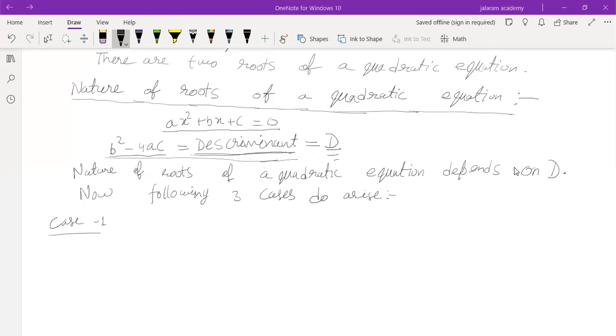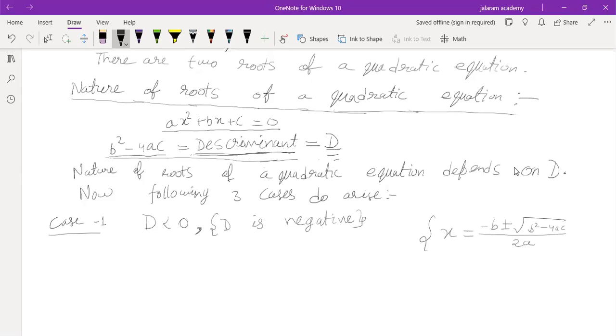So now we will discuss the nature of roots. If discriminant is less than 0, we know that this discriminant is written inside the square root. So if D is less than 0, it means it is negative. According to Sridharacharya formula, x equals minus b plus minus root b square minus 4ac upon 2a.